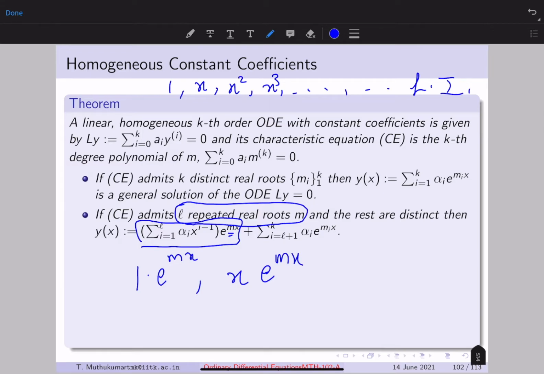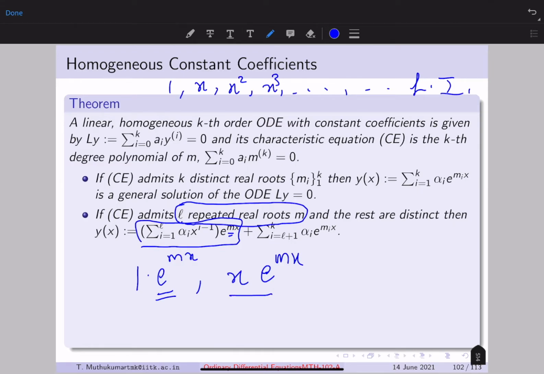So if you have m as a repeated root, you already know e power mx is one possible candidate. Since it's repeating L times, e power mx is not linearly independent with itself. So to obtain a linearly independent function corresponding to e power mx, you choose x e power mx.